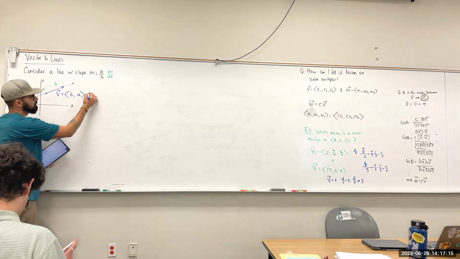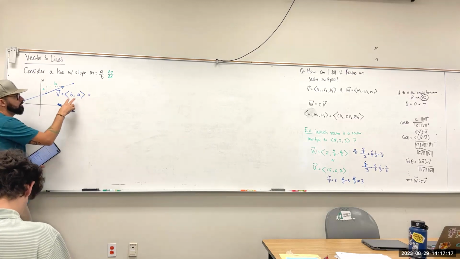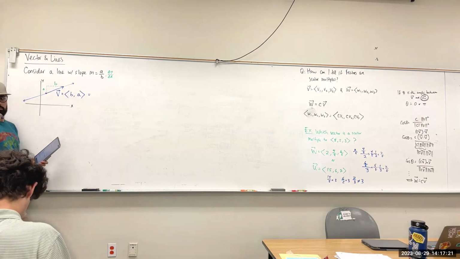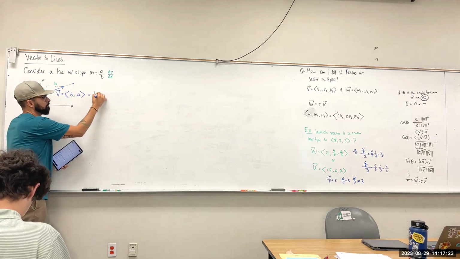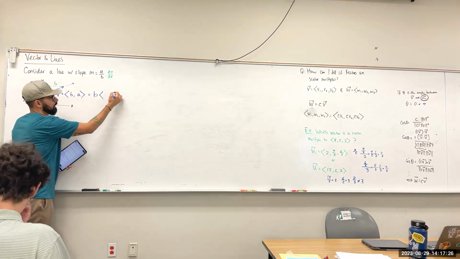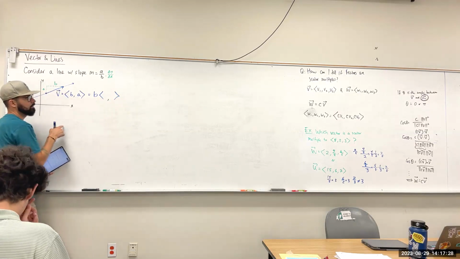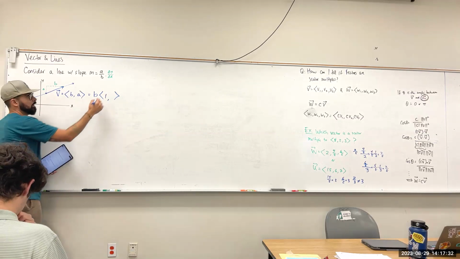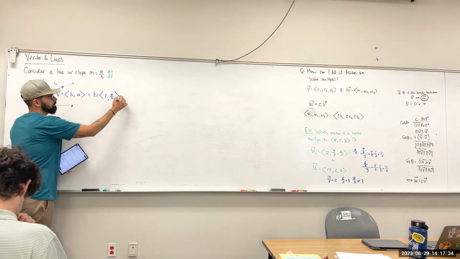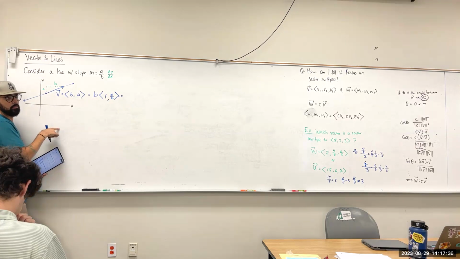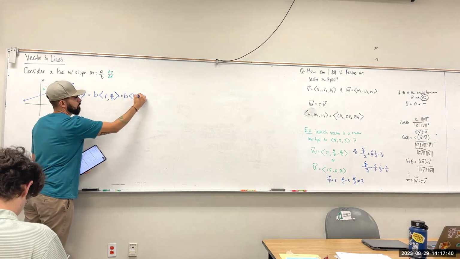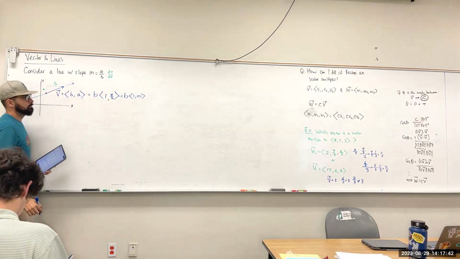But then I can use scalar multiplication and factor out a b from the vector. What am I left with? A 1, and then a over b. But what is a over b? It's the slope. So it's really just 1 comma m.